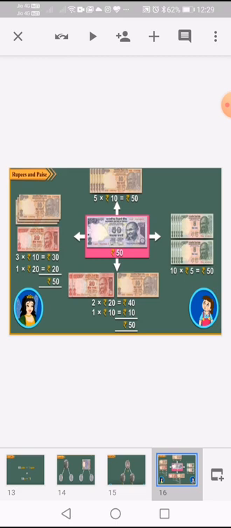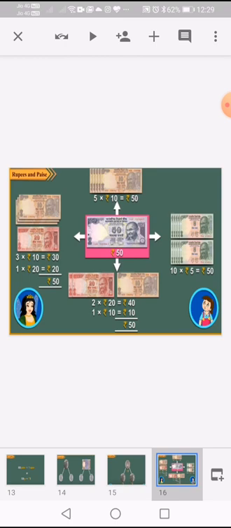The total will be rupees 50. Same here, look, 2 multiplied by rupees 20 is equal to rupees 40 and 1 into rupees 10 is equal to rupees 10. 40 plus 10, that is the same 50.